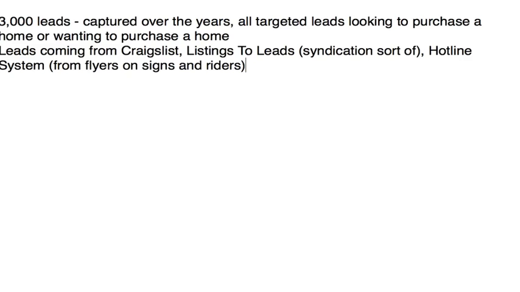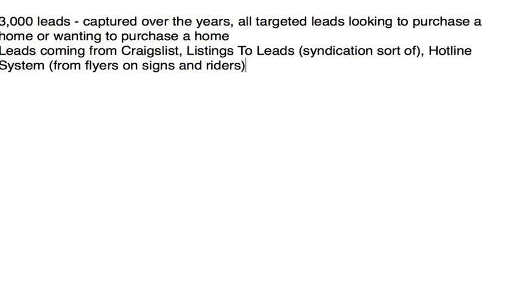If I'm somebody that came into your fold from Craigslist, what did that look like? I clicked on an ad about a property and asked for more information, or I filled out something looking for a free list of foreclosures or a free list of townhomes. What were they opting in for? Actually, all of the above.